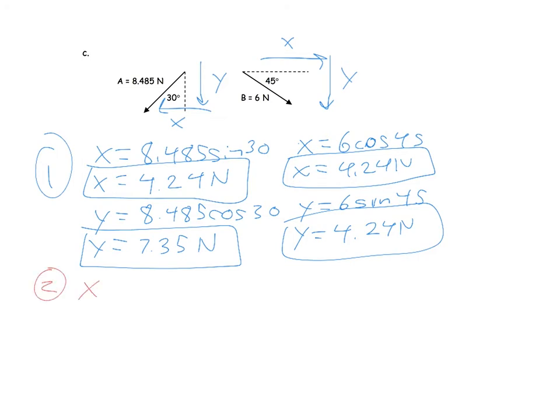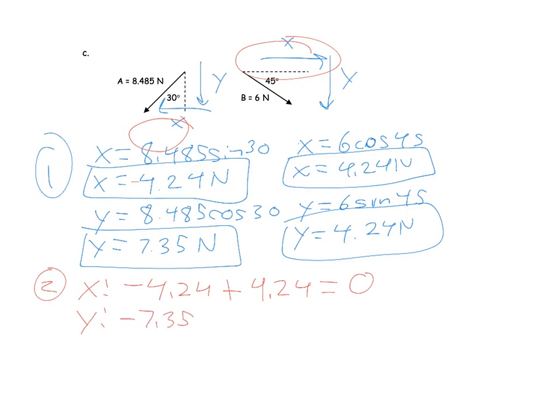So in the x, I'm going to have a negative 4.24 because this one is going to the left, plus a positive 4.24 because this one is going to the right. And so my x component actually ends up being 0. And in the y, I have a negative 7.35 plus another negative 4.24 because this component is also going down.